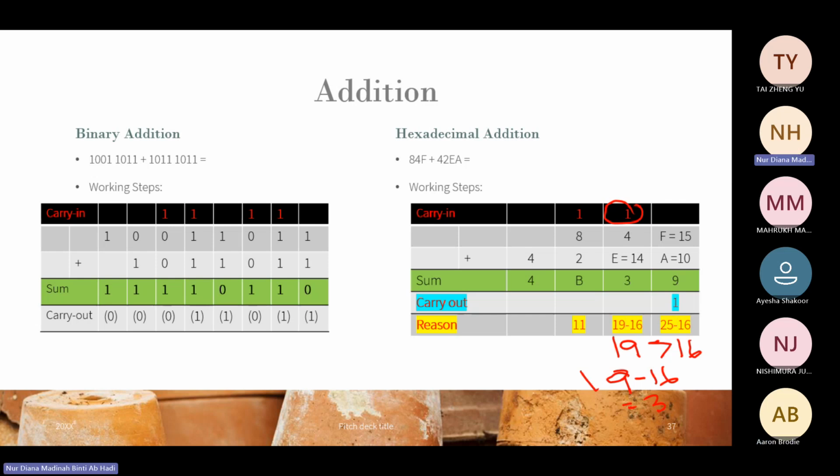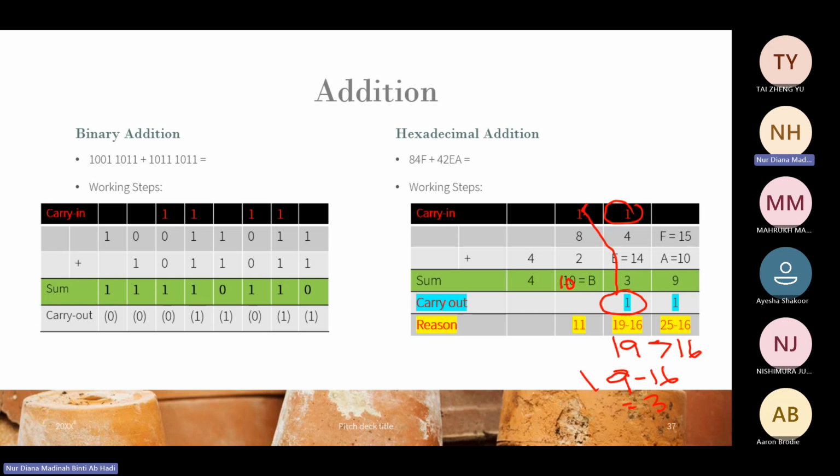Yes. So you're going to have your carry in here, and you will do as we have carry out here. You have a carry out, then this carry out will be brought to the front column, so you can add it up. 8 plus 2 plus 1 is equivalent to 10. So 10, you need to convert into a hexadecimal value, which is D. Does this exceed?